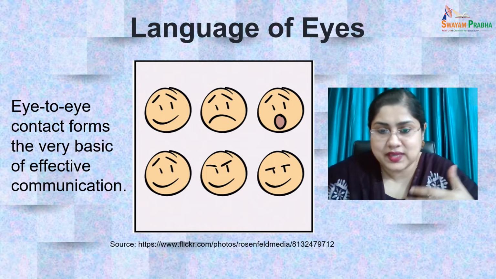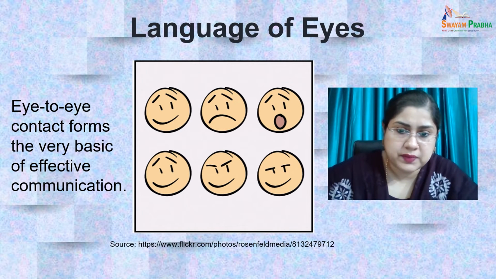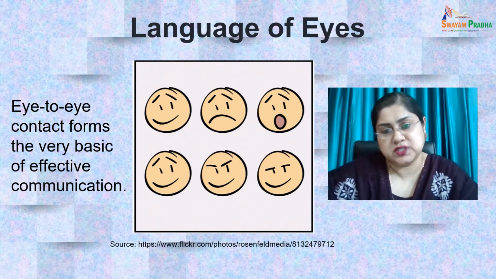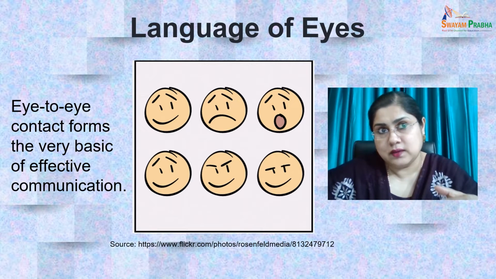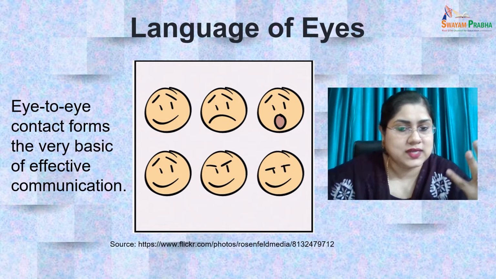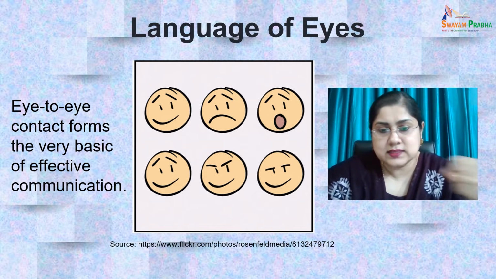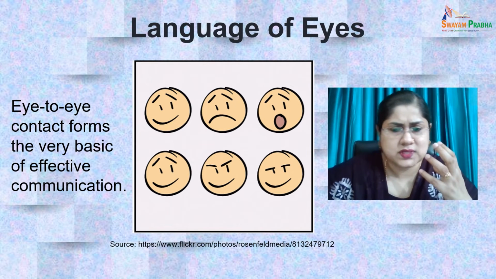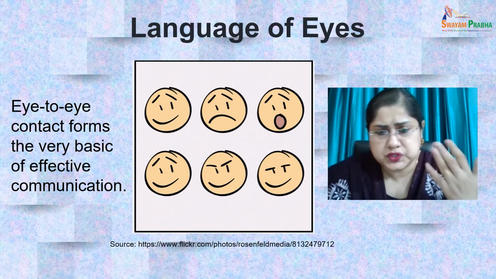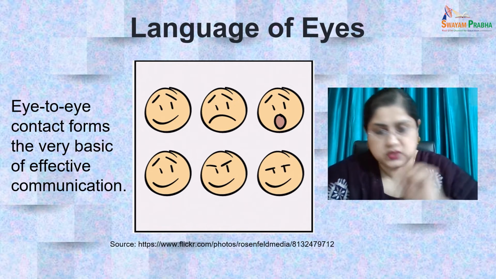The other human being will be in a position to make out by the eye language what exactly is the state of mind. Just like the face, eyes are the most important tool of showing your emotions or state of mind.